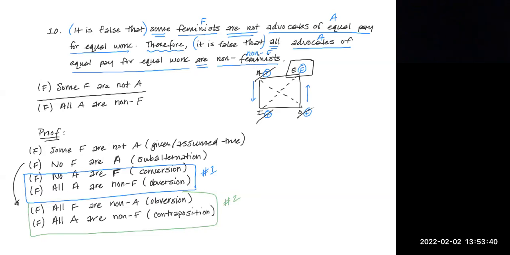You will also see that there are examples in your textbook where the person working the proof has chosen to use conversion, obversion, or contraposition first, and then go to the square. That is also perfectly fine.